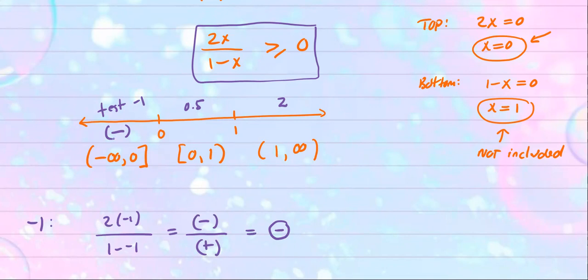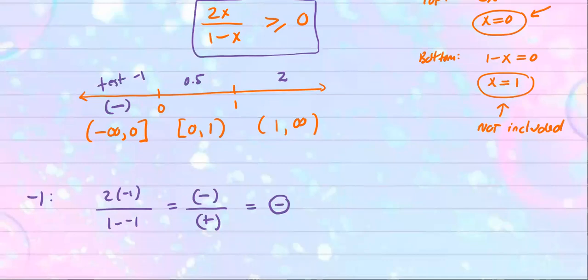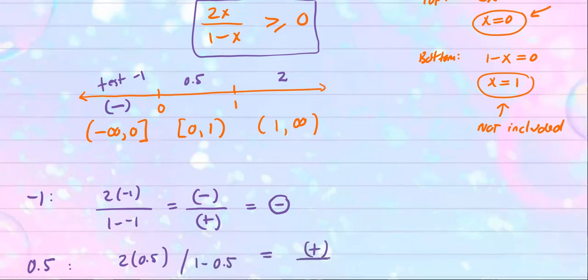Now let's test 0.5. For 0.5, or 1/2, we have 2 times 0.5, and then we divide that by 1 minus 0.5. That would give us positive on top, positive on the bottom. So the result will be positive.